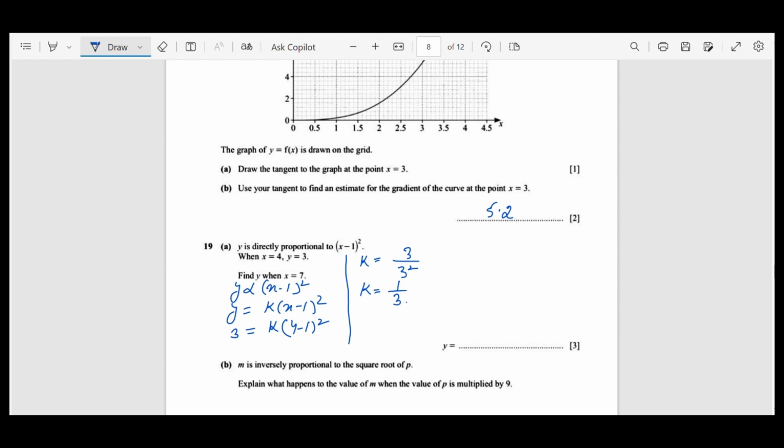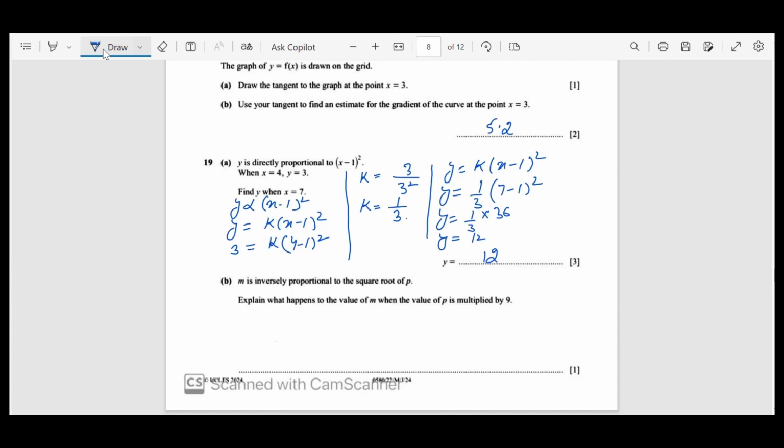So we have to find the value of y when x is equal to 7. So y is equal to k times (x minus 1) squared. So y will be equal to 1 by 3 times (7 minus 1) squared. y will be equal to 1 by 3 times 36, which is y will be equal to 12. So y is equal to 12 is our answer.